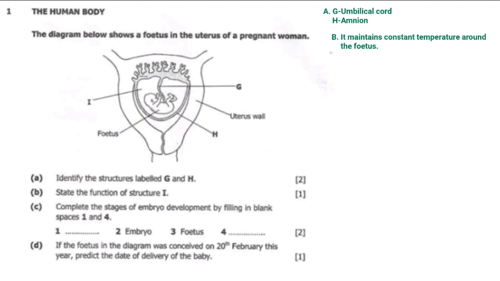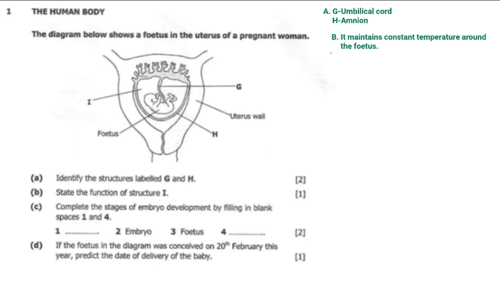So one function of the amniotic fluid will be to maintain constant temperature. If the child loses a lot of heat, the amniotic fluid will also bring a lot of heat. If the child has higher heat, it also gets some heat from the child to the outside, which is the mother. That's one function of the amniotic fluid.